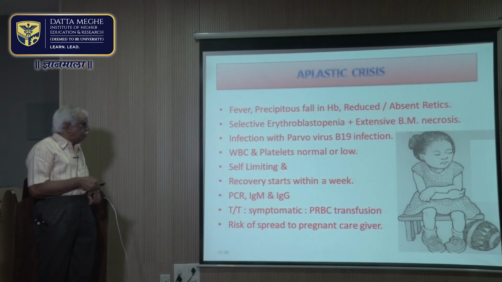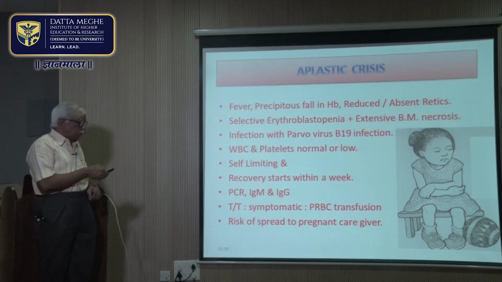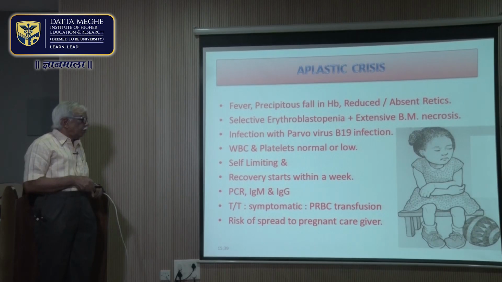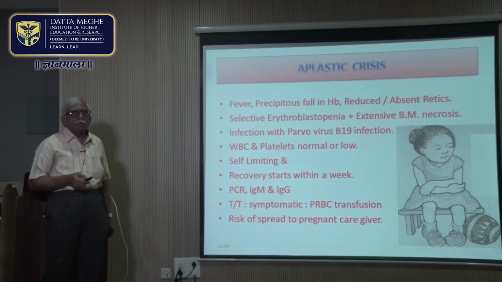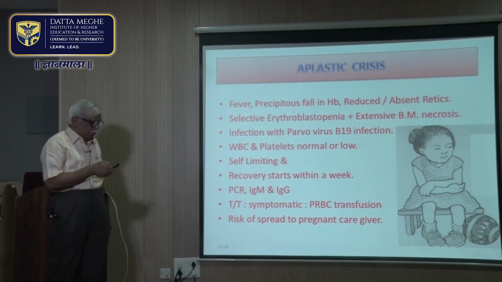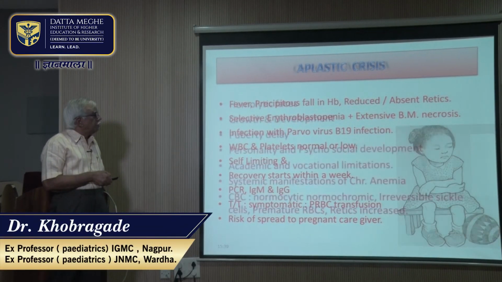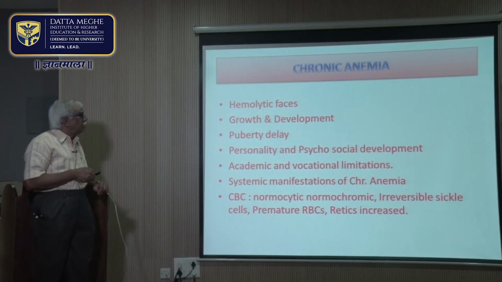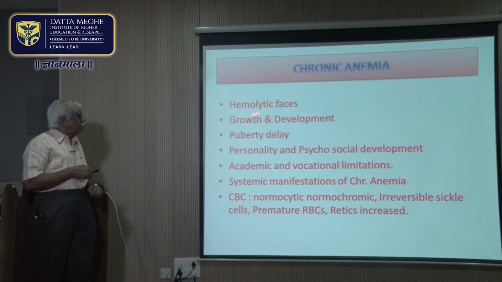Diagnosis is by PCR, IgM and IgG for parvo B19, and the risk of spread to a pregnant caregiver should be borne in mind, because that can damage the fetus if the mother or caregiver is pregnant and contracts the infection from this particular child. Chronic anemia, how do you find out? You get hemolytic phases, growth and development, puberty, everything delayed, and personality and psychosocial development are affected.